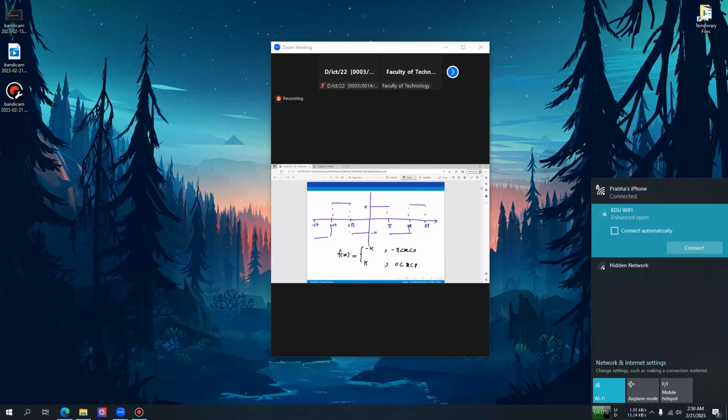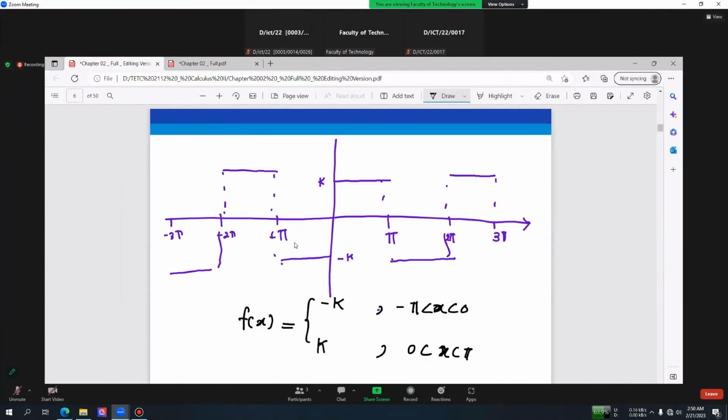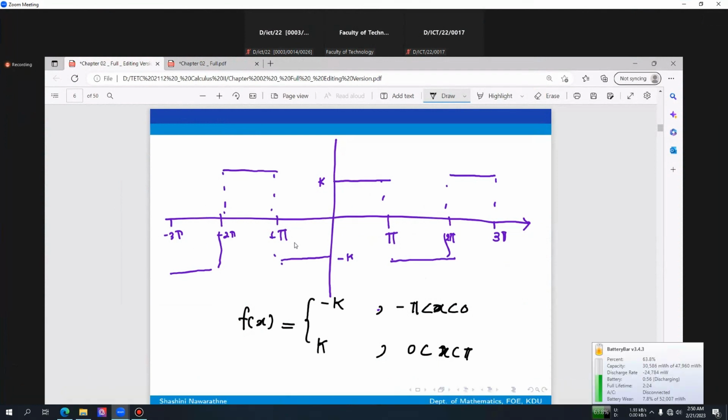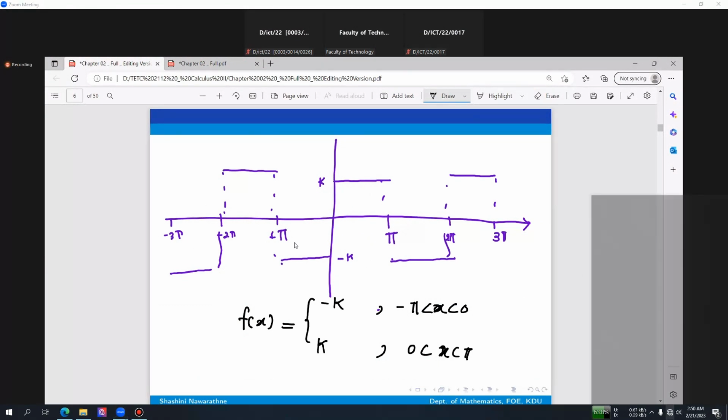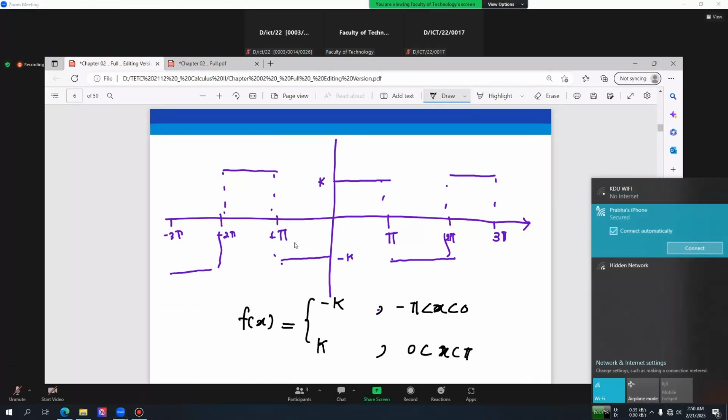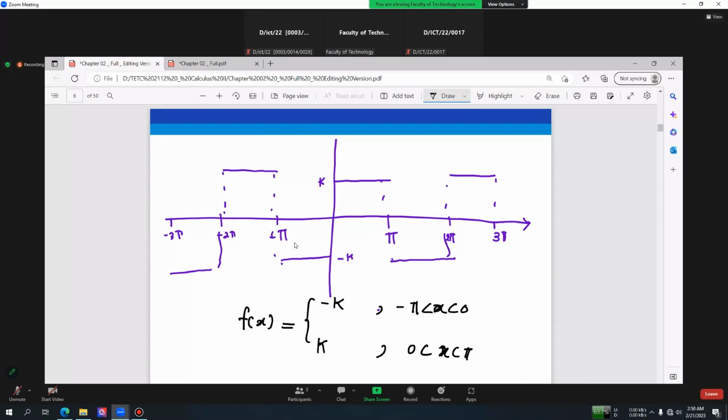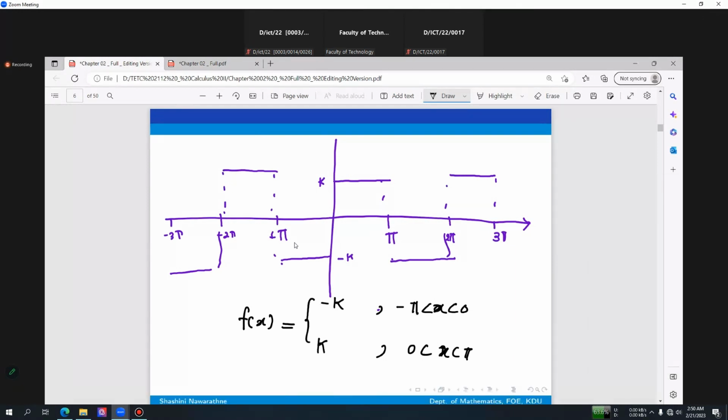So that means from 0 to 5, the function f of x is equal to k.